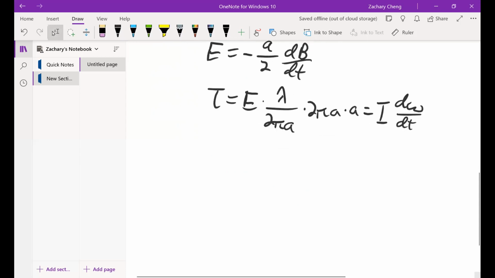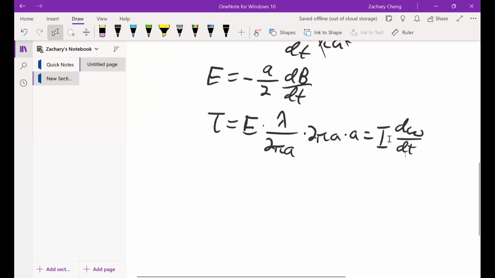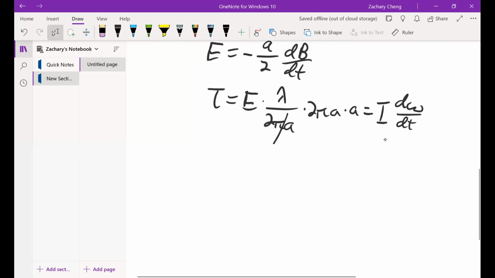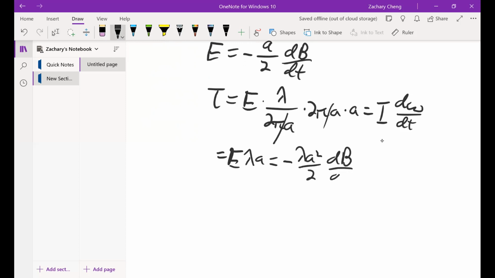Okay, so now we can cancel this out. It's equal to E times lambda a, which is negative lambda a squared over 2 times dB over dt, which is equal to I times d omega over dt.